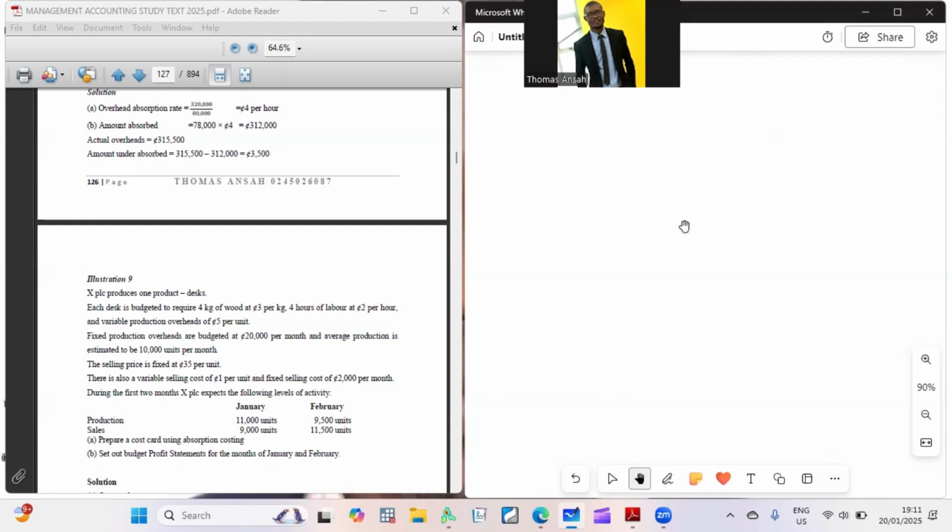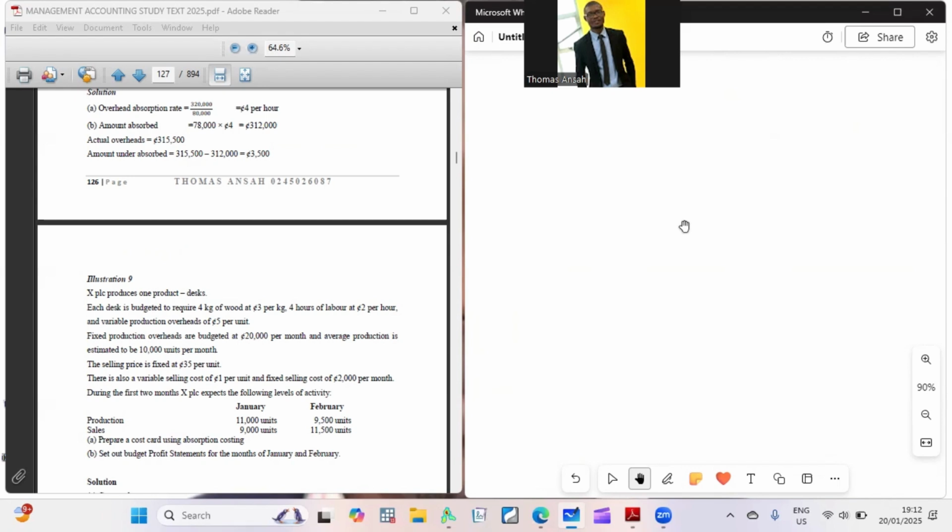So January, production level of activity is 11,000, February 9,500. Sales is 9,000 in January, and February it is 11,500. Prepare a cost card using absorption costing. And number 2, you are supposed to also set out a budget profit statement for the months of January and February.